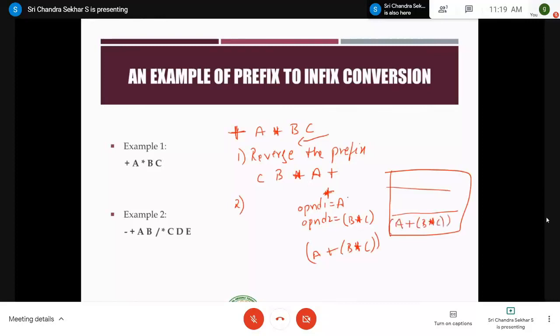Since you have reached the end of the expression, the result on the top of the stack is the required infix expression, that is A plus B star C.